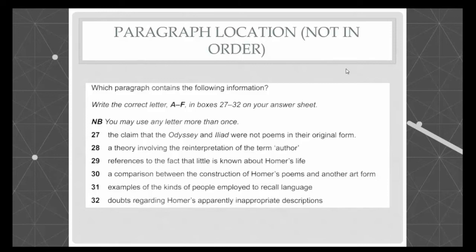So the information for number 27 might be in paragraph F, and the information for number 28 might be in paragraph A. So that's why I've told students, you don't do this question first. You save this question for last in this question set. You would do your fill-in-the-blank question and your yes, no, not given question, and then do your paragraph location question last, because then you would have looked at a lot of the passage, and you'll be able to do this question easier. But it doesn't go in order, and it can be difficult.